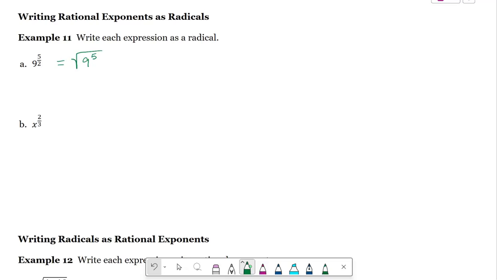That's one option. Or we can write it as the square root of 9 raised to the 5th power.